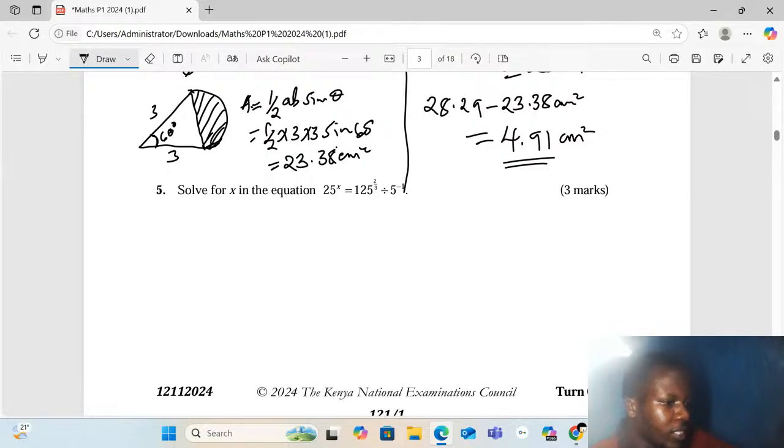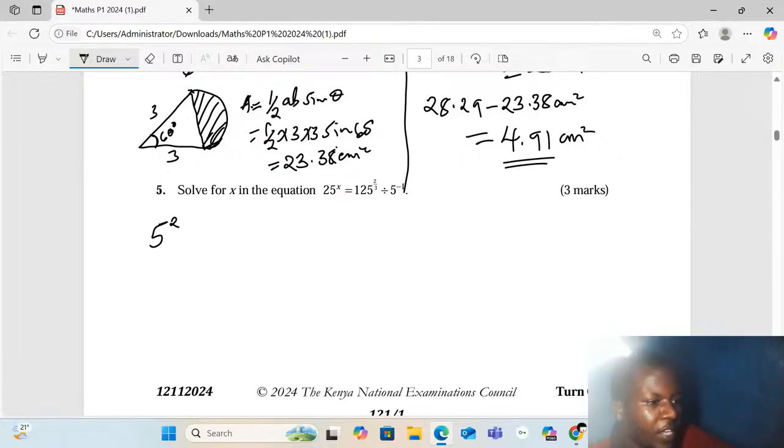So we're having 25^x, and then 125. Now we can convert these. Let's make it to the same base, that is 5. We can make everything now to the same base, which is 5. So 25 to the base 5, you can have 5 squared.